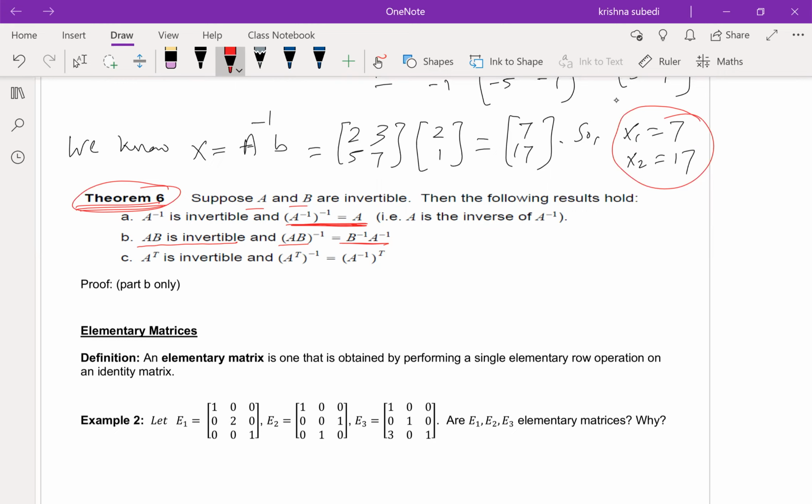And part C: A transpose is invertible and A transpose inverse equals A inverse transpose. Let us quickly prove part B. Part A is obvious, part C is also pretty obvious, so we just need proof for part B only.